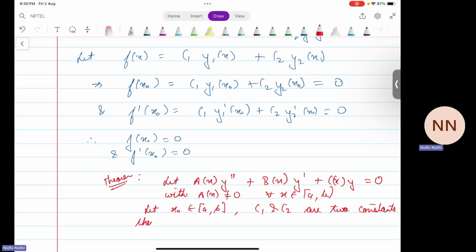Then there exists a unique solution f of this equation.